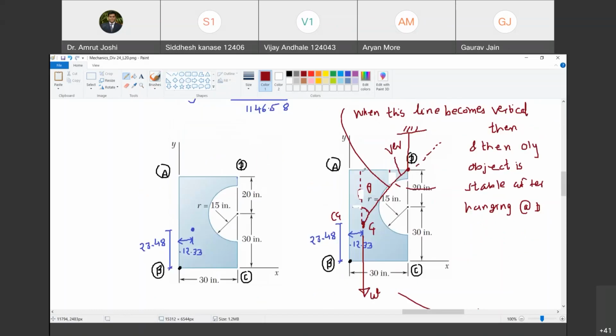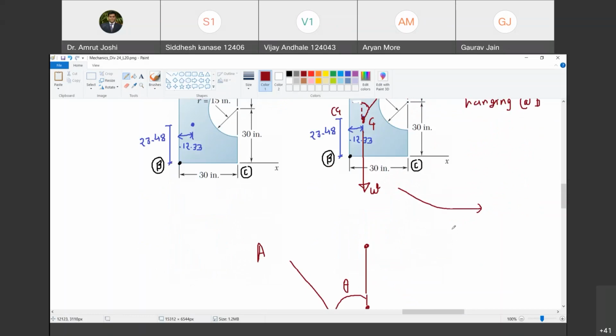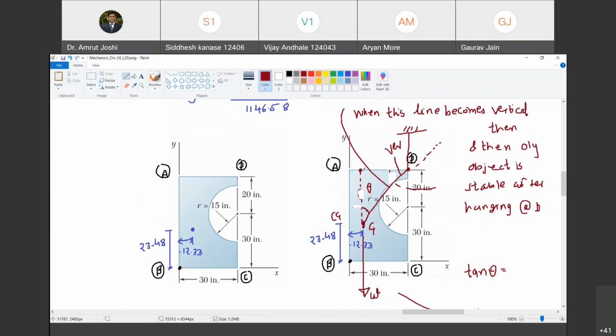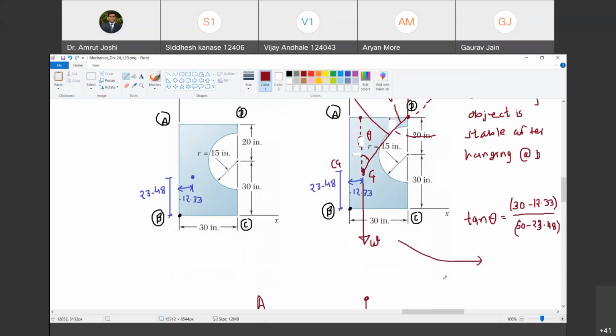So what is tan theta? Tell me. Tan theta is this distance upon this distance. Happy? Yes, sir. So can I write that? How much is tan theta? Tan theta is equal to. Can you tell me how much is this distance? Easily, it is 30 minus 12.33. Do you agree? Yes, sir. So 30 minus 12.33 divided by what is this distance? 50 minus 23.48. Do you agree? Yes, sir. So can you tell me how much is theta?